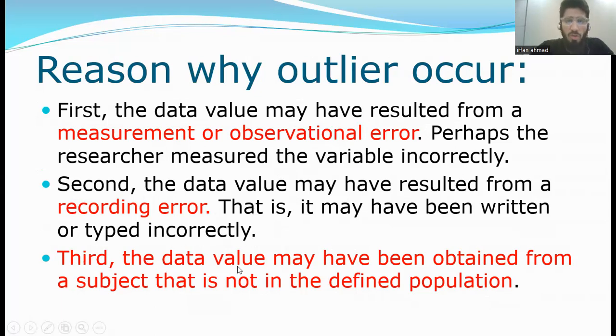Third, the data value may have been obtained from a subject that is not in the defined population. For example, you take a test from a 7th class, but on that day there is one student who is not in the 7th class. He is from the 6th or 5th class, but he has special permission to join this class.